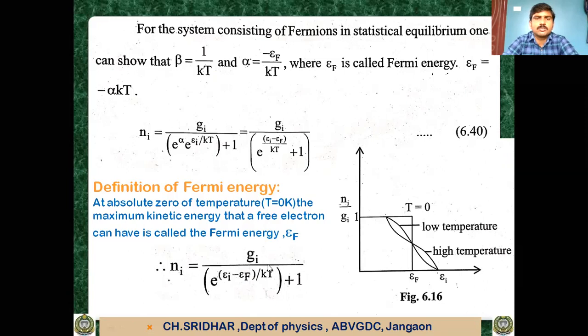So Ni is equal to Gi, and if you take the ratio Ni by Gi, that will be equal to 1. That means at T equal to 0, the ratio Ni by Gi is equal to 1. That is called the occupation index. The occupation index being 1 means the state is fully filled.